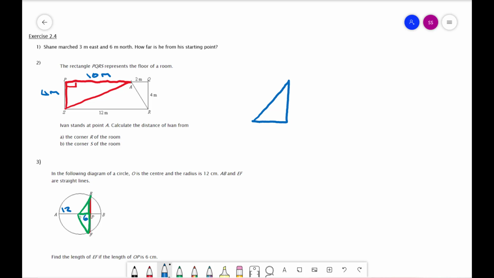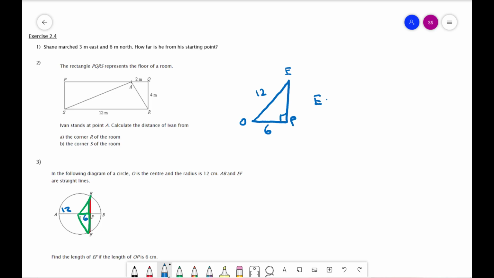I'll just label this up, and this is at point E, this is at point O, and this is going out to point P. Now we've been given the base of this at 6 centimetres. We also know that the radius of the circle is 12 centimetres, which will be point O to point E. So I could now find the distance between P and E. And we can do that by using a rearrangement of Pythagoras' theorem.